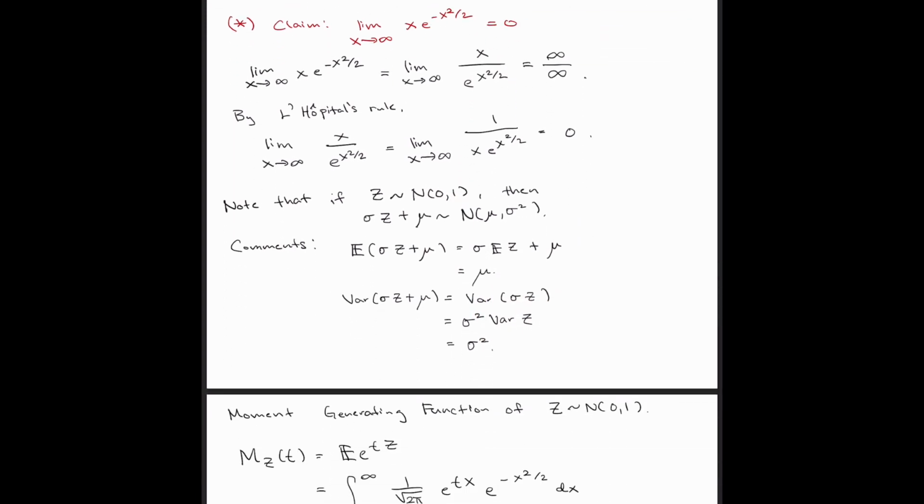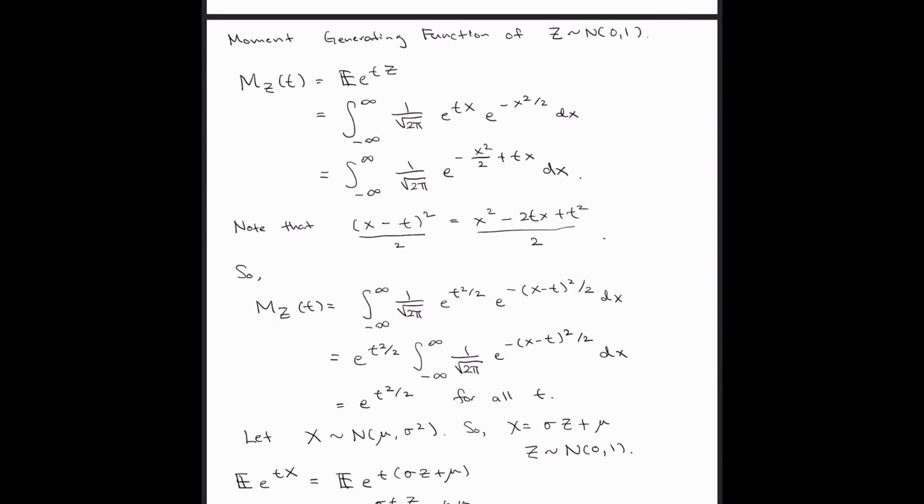Okay. Now this is kind of less important, but if you want to know how you calculate the moment generating function of a normal random variable, then here it is. First, let's just calculate it for a standard normal, right? Typically we define the moment generating function as M_z(t).